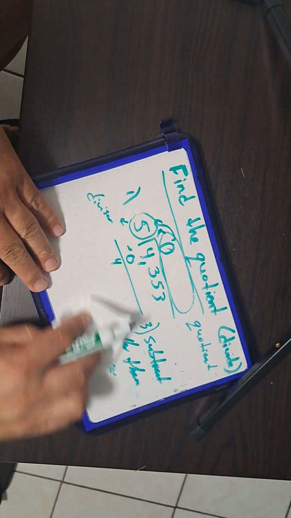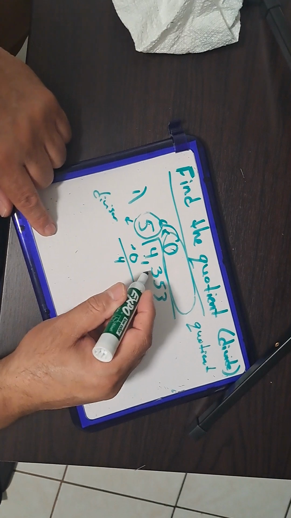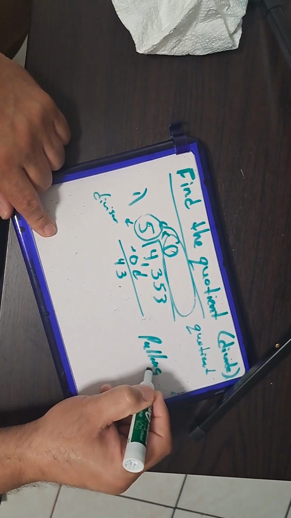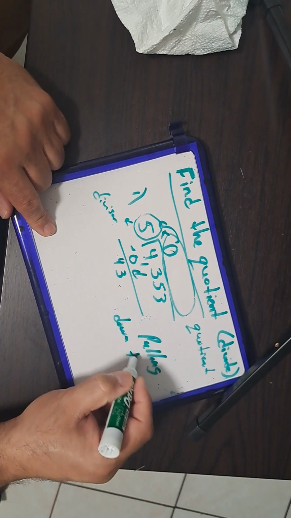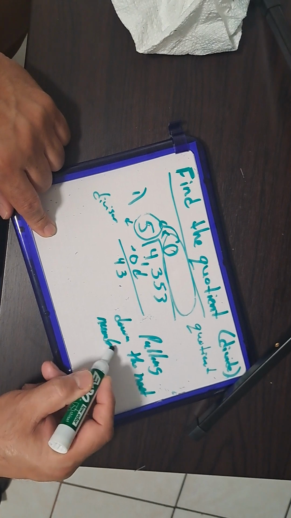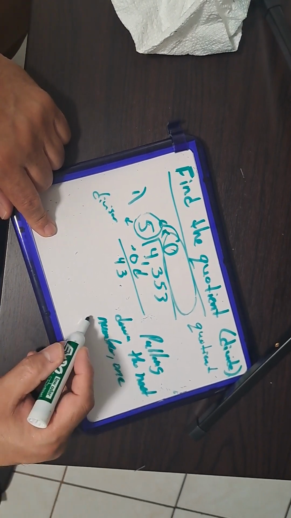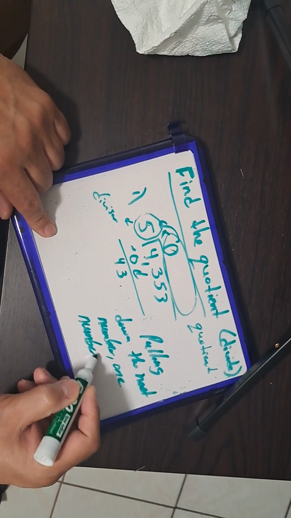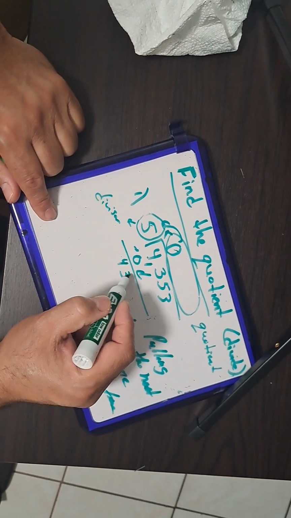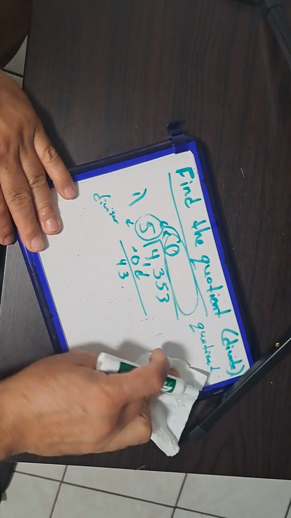Because that will take you to the first step, which is pulling down the next number, again, one number at a time. So you're pulling down one number, now you have 43, and then you start doing the 4 steps again.